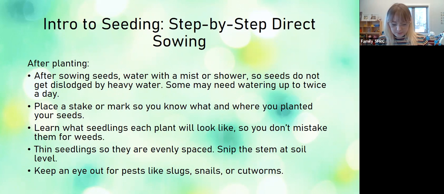So what you're going to do is place a small piece of stiff paper and wrap it around the stem, so that it's a few inches around the stem, and you're just going to stick it into the soil, and that way the cutworms can't snip your stems. So really fun hack, a really easy hack that can help protect your plants from cutworms. All right.